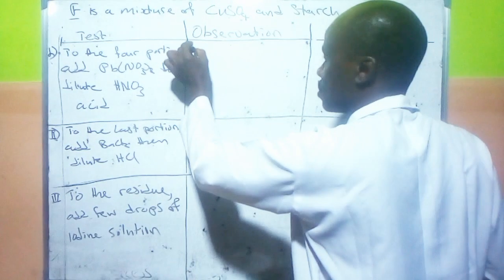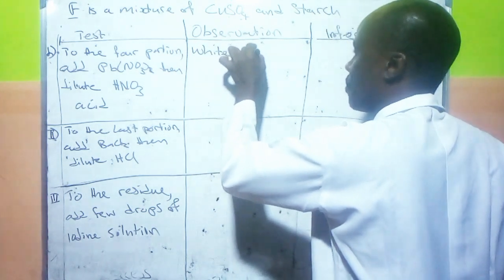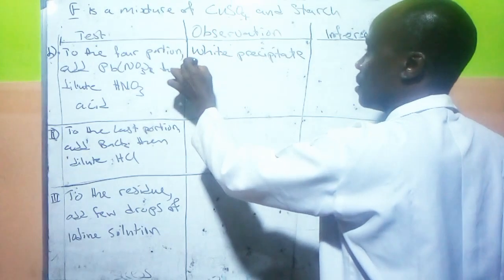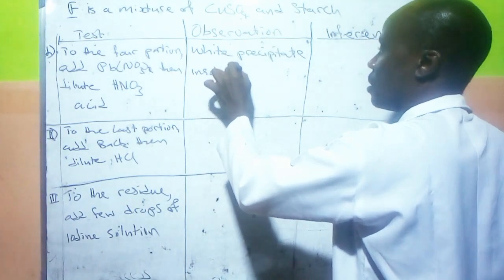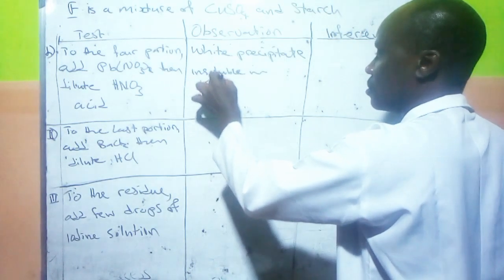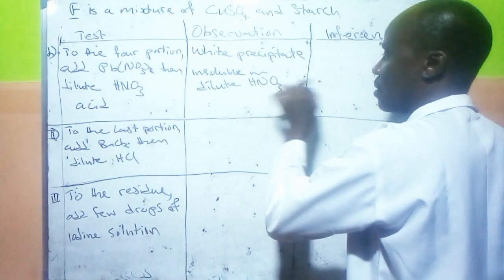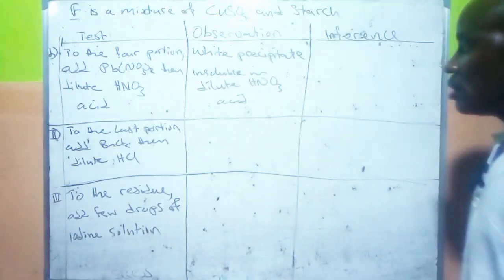Our observation will be: white precipitate insoluble in dilute nitrate 5 acid. So it's insoluble in that.